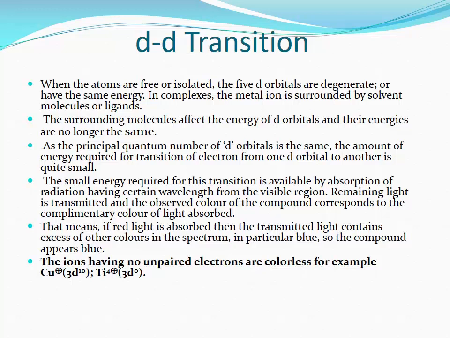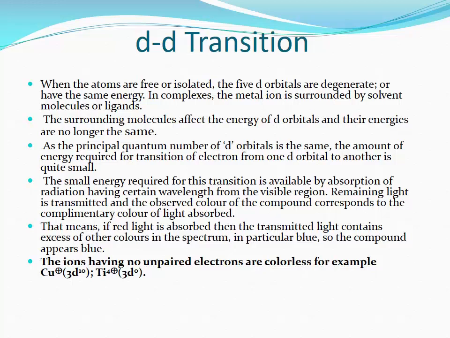The difference between these two energy levels of the d orbitals is small. The unpaired electron present in the lower energy d orbital absorbs radiation of a certain wavelength in visible light and gets excited into the higher energy level of the d orbital.